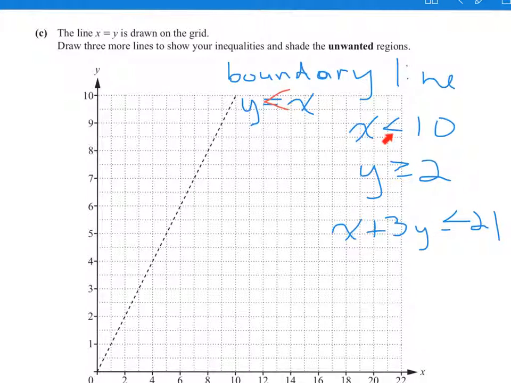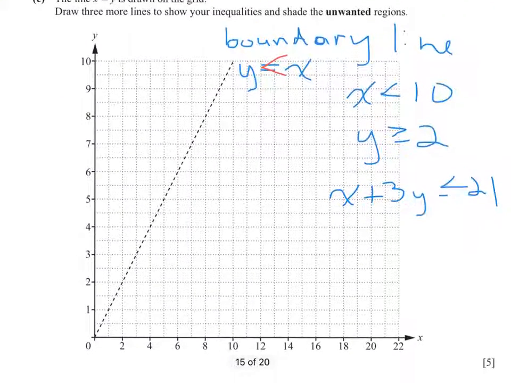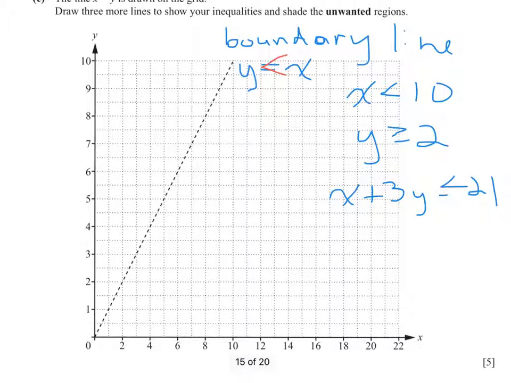Our boundary line is going to be dashed like this one is, because it's an inequality, it's less than. Okay, so I'm going to start a vertical line at 10 if I can find it on the horizontal scale there. Maybe if I move it up a little bit I can see it. Okay, so I need a vertical line at x equals 10, and it's going to be dashed.